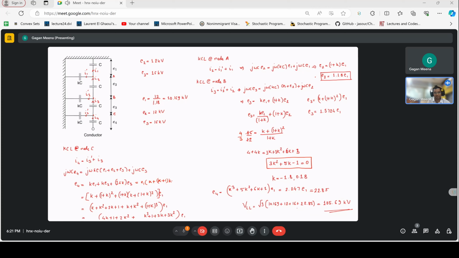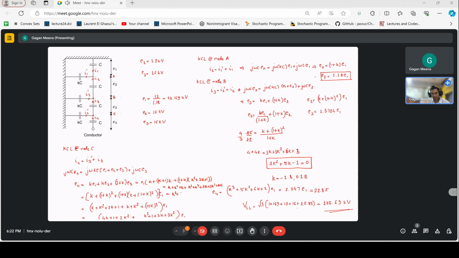So this becomes K cube plus 5K square plus 6K plus 1. Okay, so this is correct. This should be (1 plus K) into K, so this is correct.